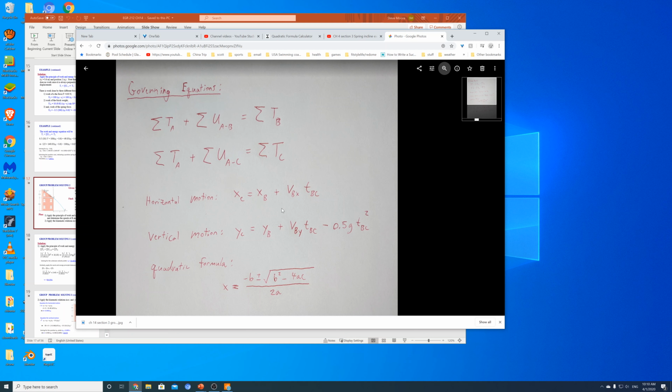Now, we have some initial position in the x direction, and some velocity component in the x direction, which we could find using these equations. And then we have a time.